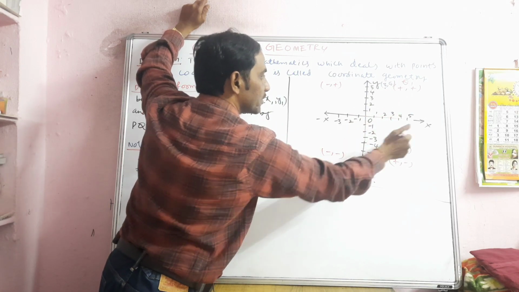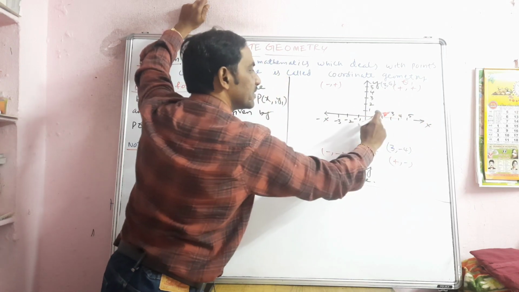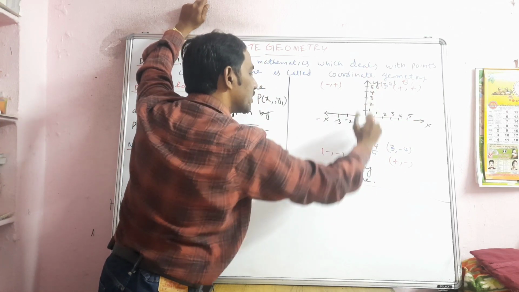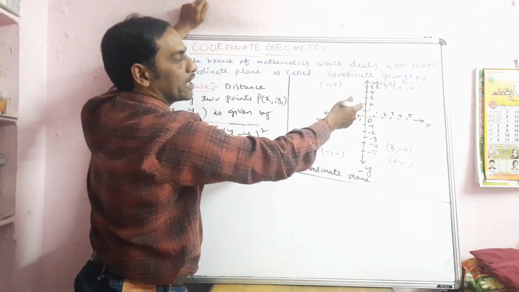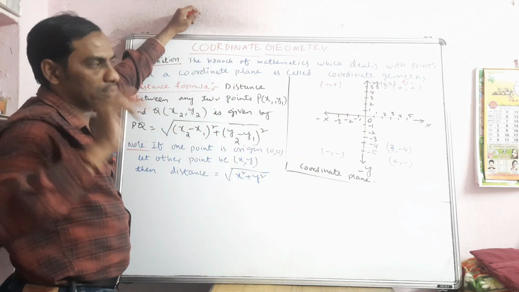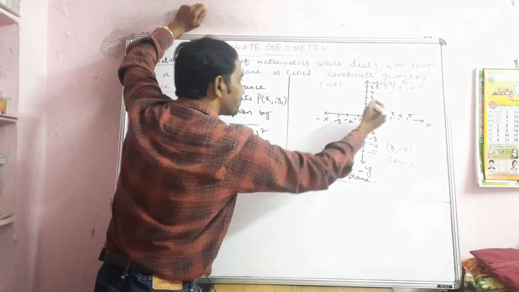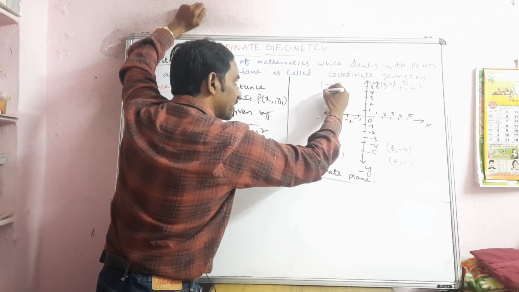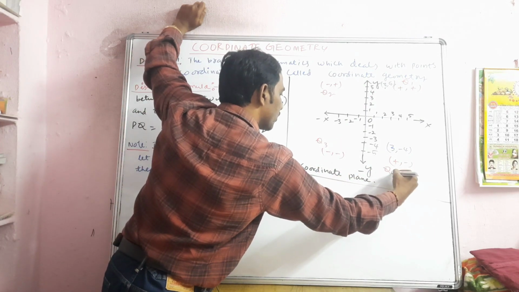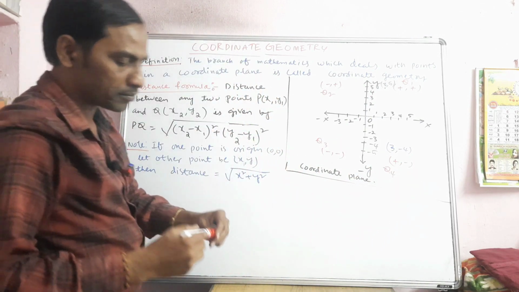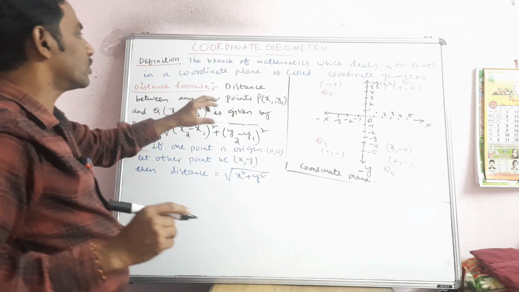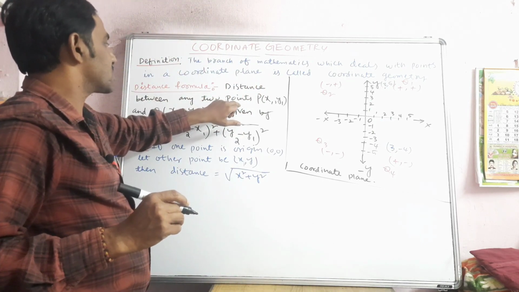I wrote the numbers here: positive numbers to the right for x, negative numbers to the left, positive numbers above the x axis for y, and negative numbers below the x axis for y. Now this quadrant is called quadrant 2, this quadrant 3, and this quadrant 4. Right.